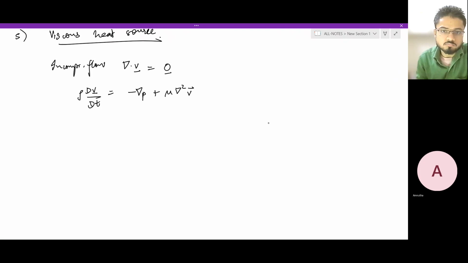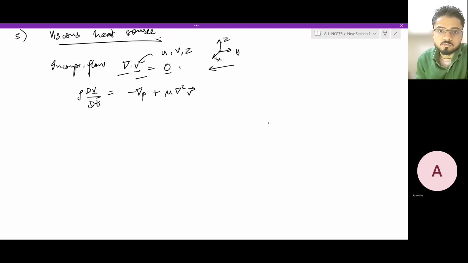Yeah, so let us just revise all these terms that are involved right here. So v vector is a velocity field that is composed of the u and v and maybe z as well.